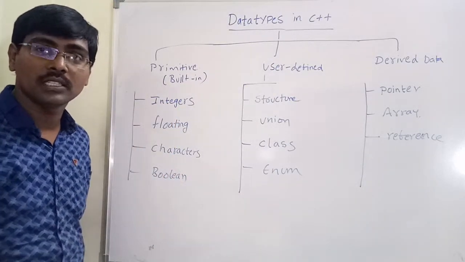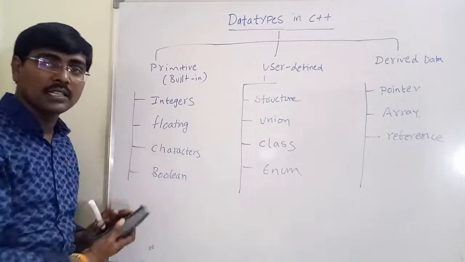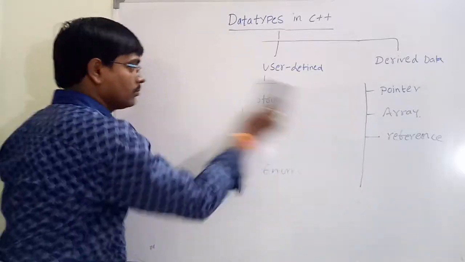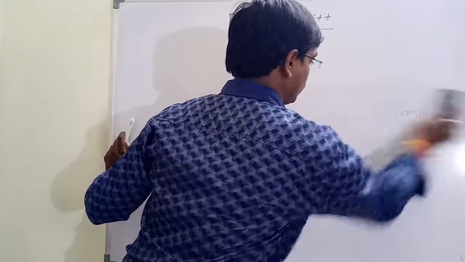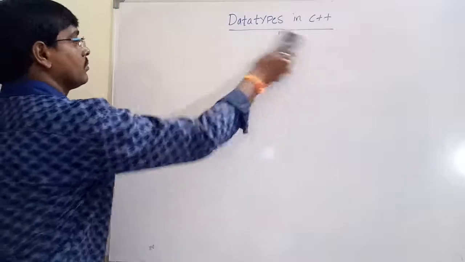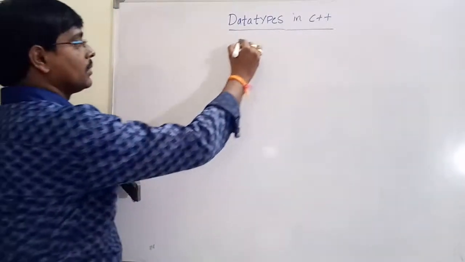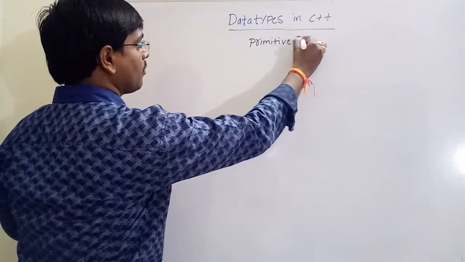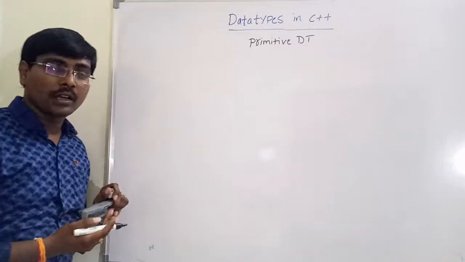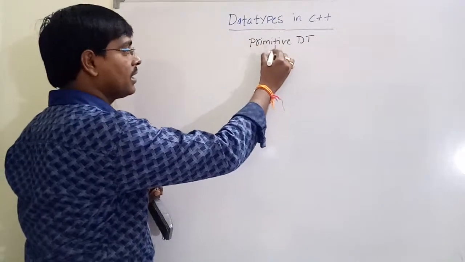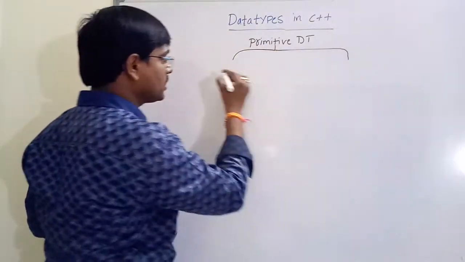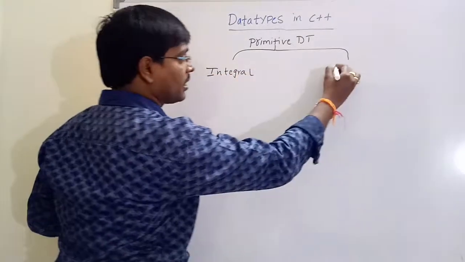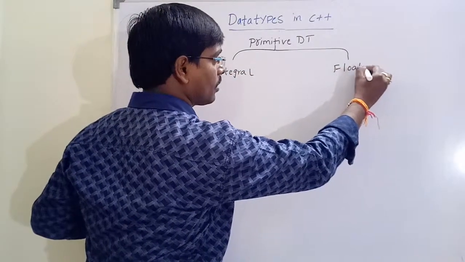Now we will discuss the primitive data types and the sizes of each data type. The primitive data type is generally categorized into two parts: one is integral, second one is floating.